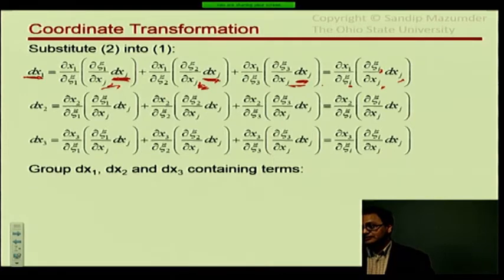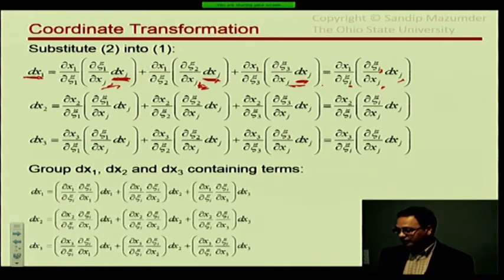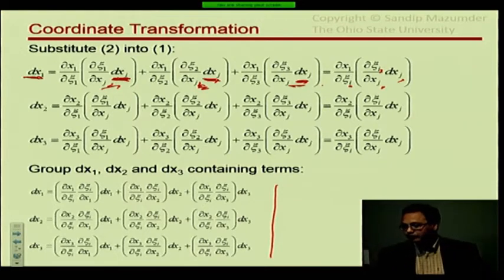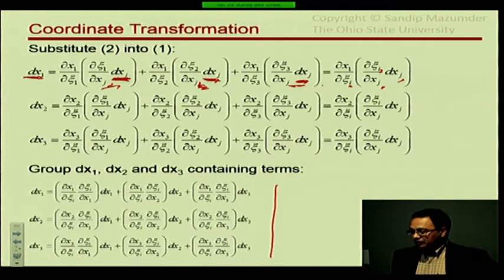Similarly, I'm going to have some dx2 containing terms. So dx1 will have 3 terms, dx2 will have 3 terms, dx3 will have 3 terms. If I group them, this is what I end up getting, basically gathering terms together.